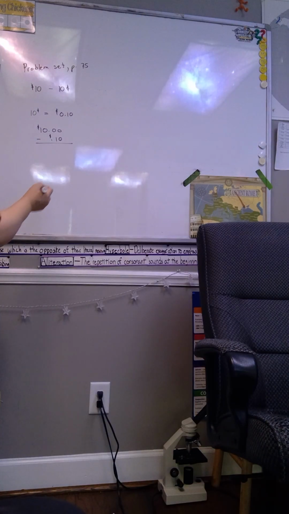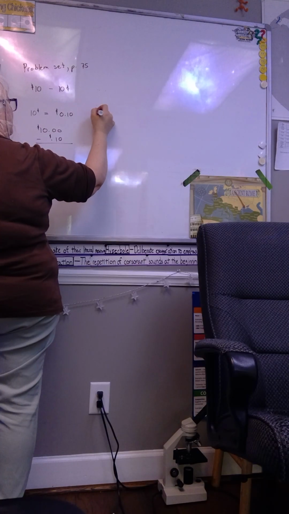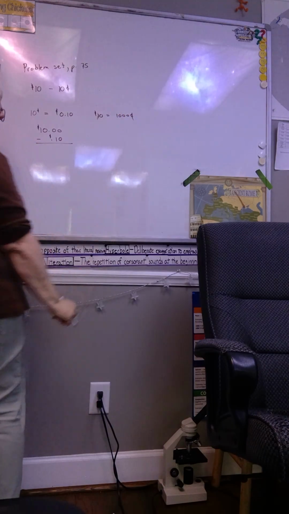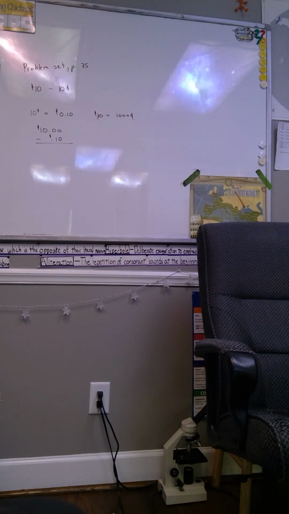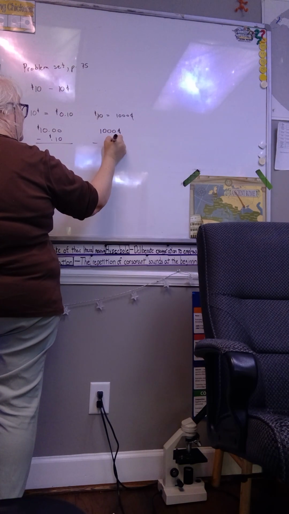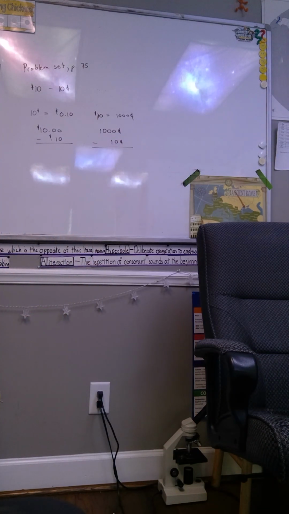Or you could say $10 equals 1,000 cents. I would do that. And then you could have 1,000 cents minus 10 cents. Either way, it's the same thing. Just with one of them, you have to make sure your decimal points line up.